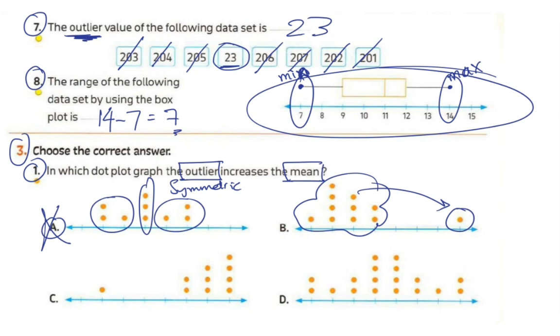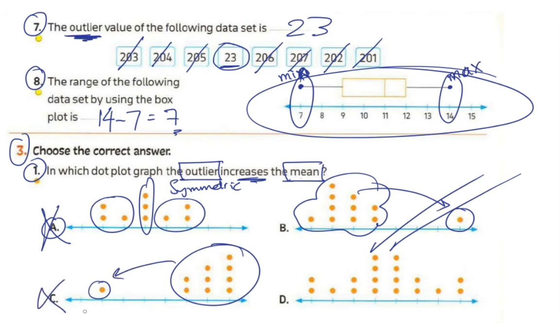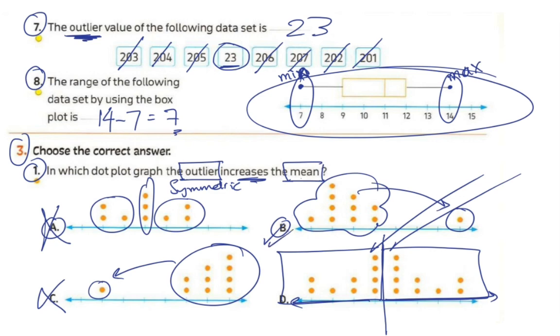To the right, of course, the mean will increase, so this is the correct dot. Look here, to the left of the group, so it's false because the mean will decrease. Now we have a symmetrical figure because this group is mirrored here for this group. Now B is the correct answer actually. Okay, we go to next.